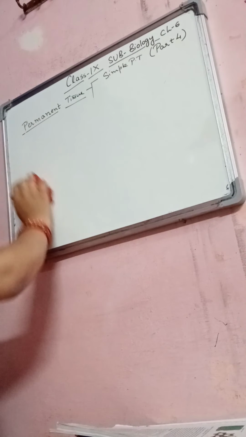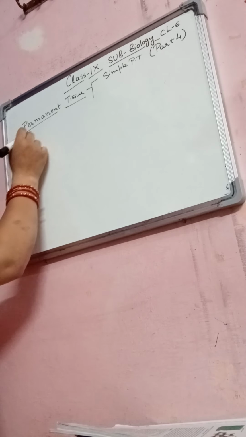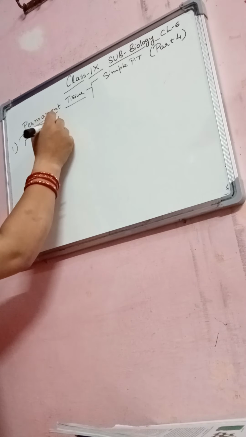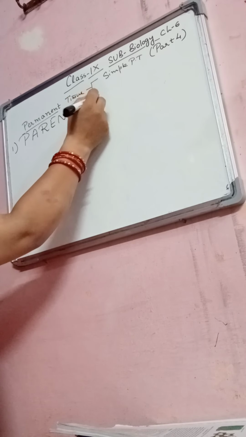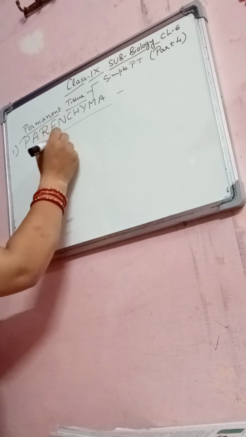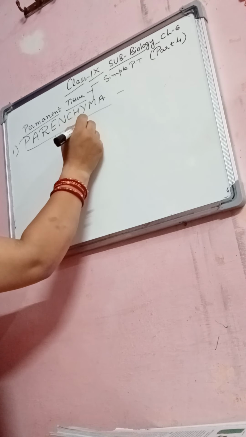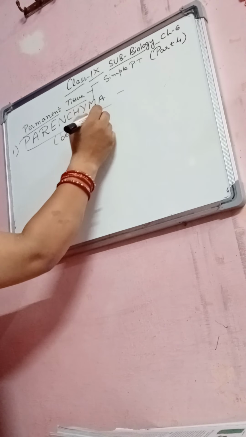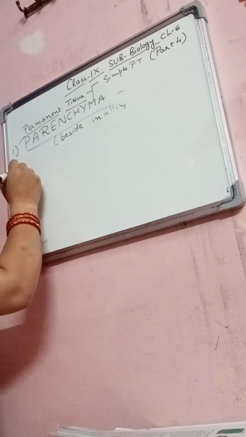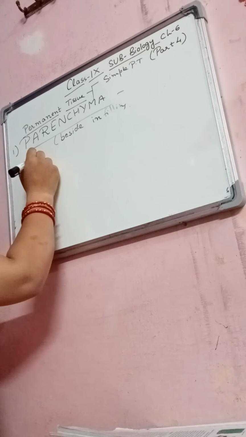We are continuing the simple permanent tissue, and the first type is parenchyma. Students, in parenchyma, as you can see in the diagram, there is no intercellular space. Para means beside and chyma means infilling. Look at the diagram of the parenchyma tissue.